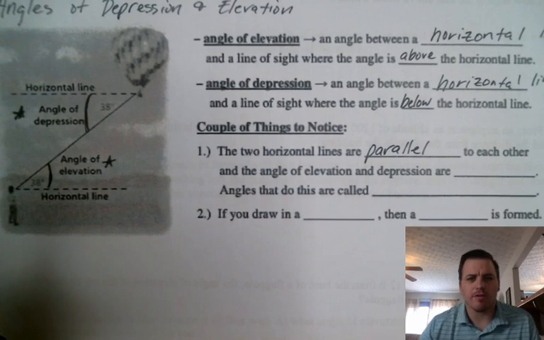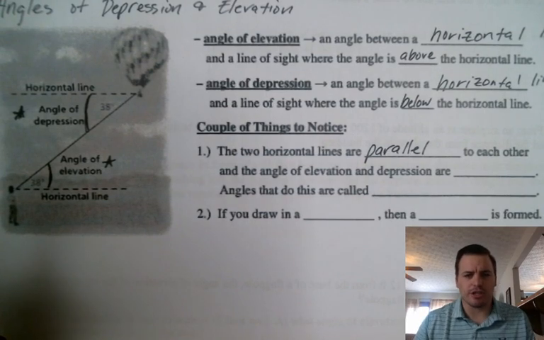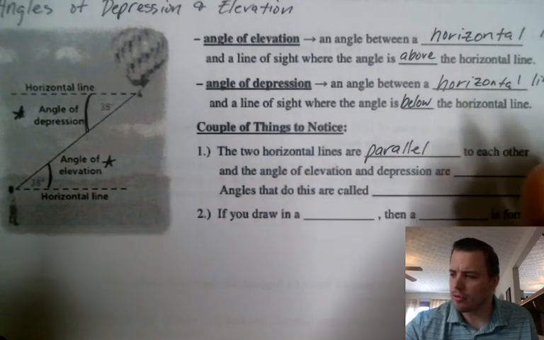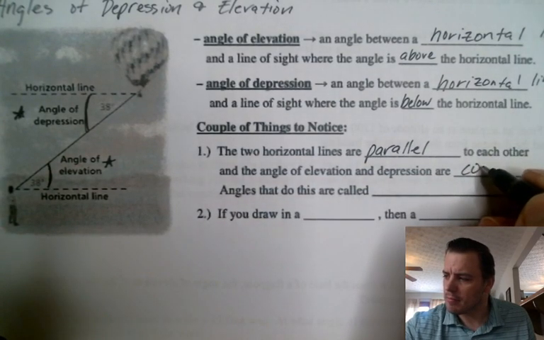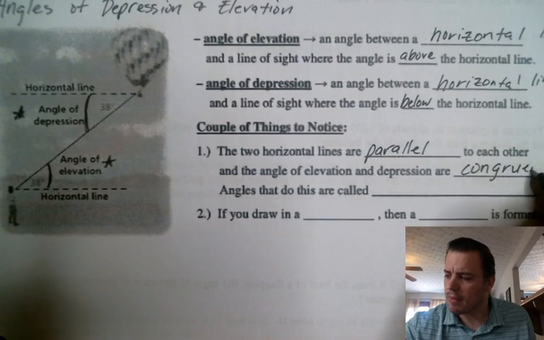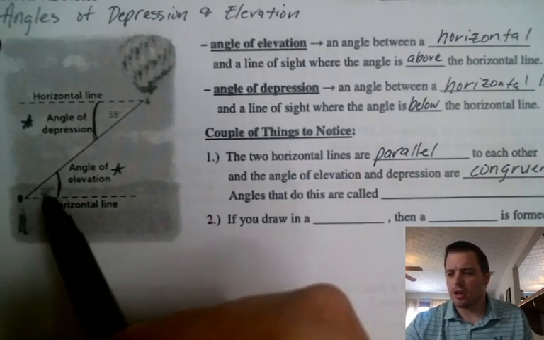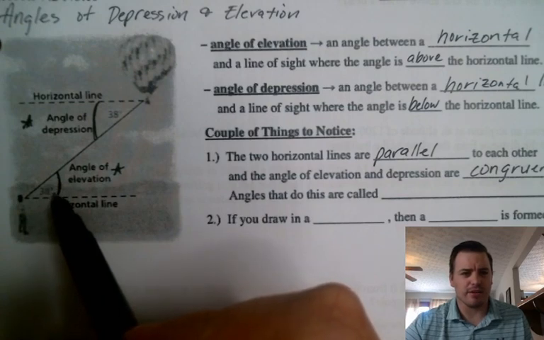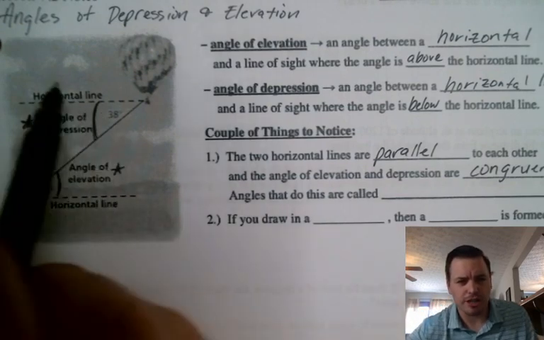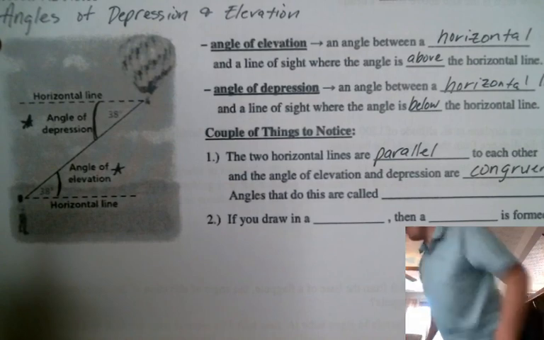And the angle of elevation and depression are congruent. Now, we won't see much of this. It's just a couple things to notice. Notice that if this is a 38-degree angle, the angle of depression will also be a 38-degree angle.